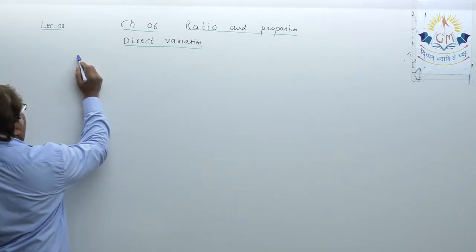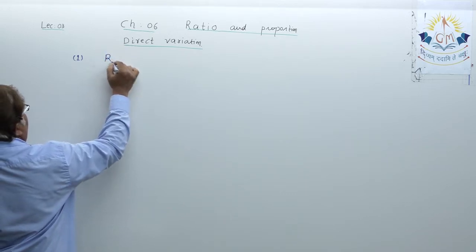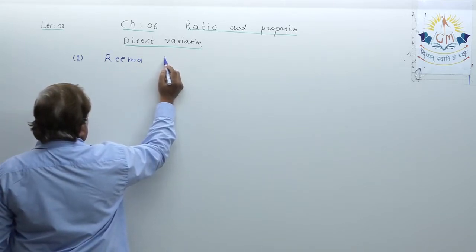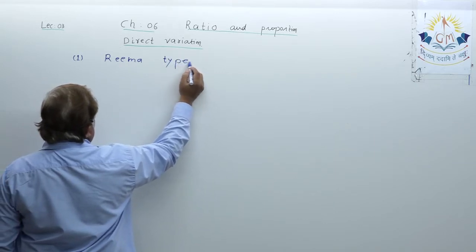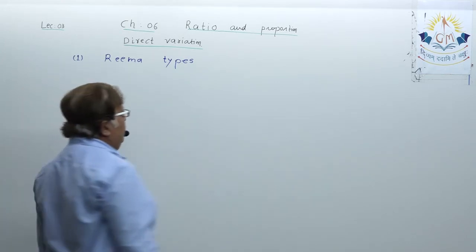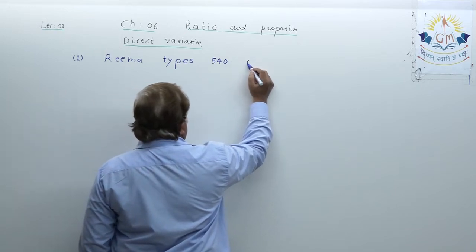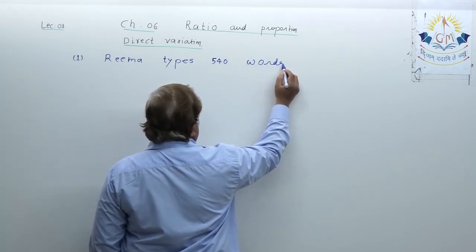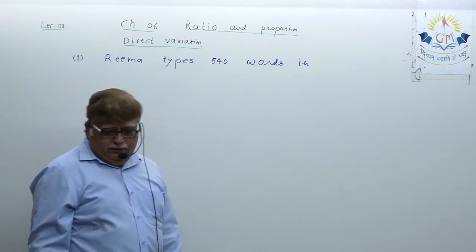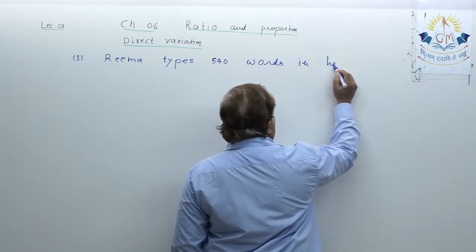Please note down the sum. Rima types 540 words in half an hour.